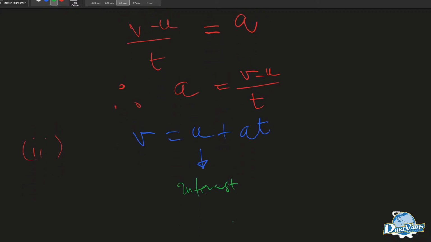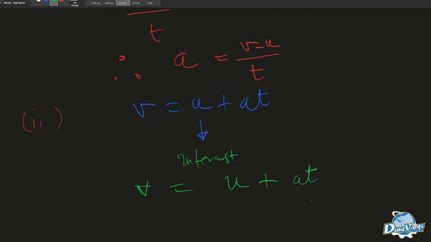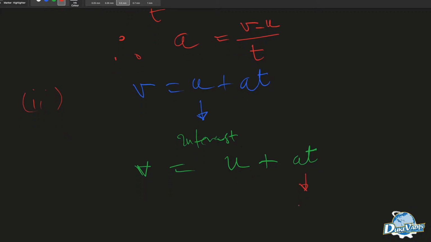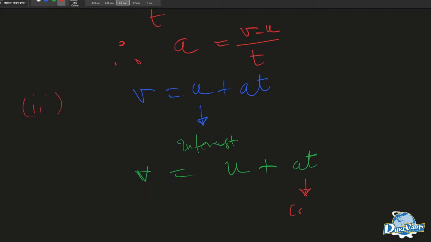So the equation given is V equals U plus AT. And as you make U the subject, you have to bear in mind that this AT, as we saw earlier, is called a composite variable.